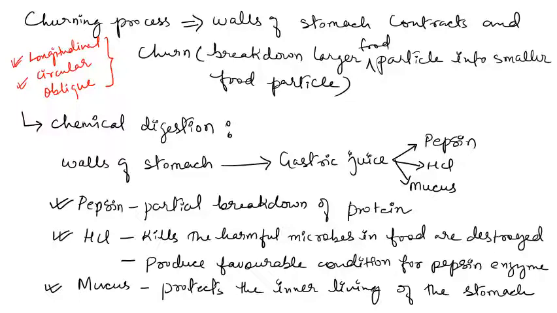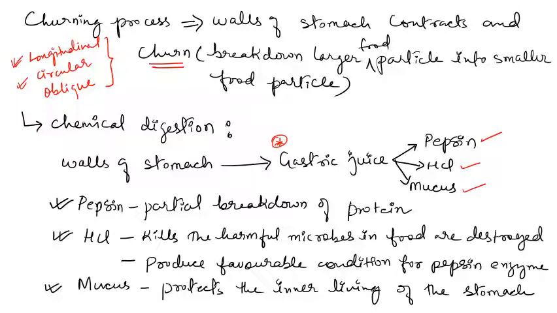Now when it comes to chemical digestion, the walls of the stomach will produce gastric juice. There are three kinds of secretions produced by the walls of the stomach: pepsin, HCl, and mucus.